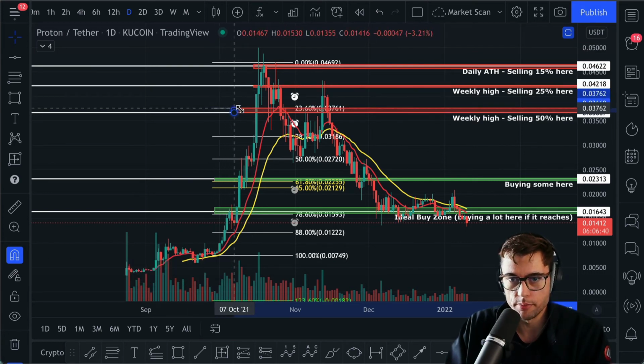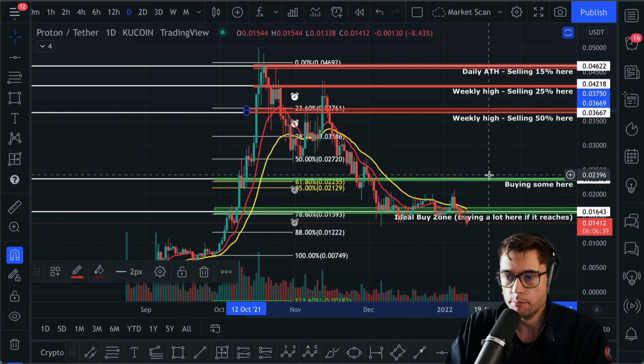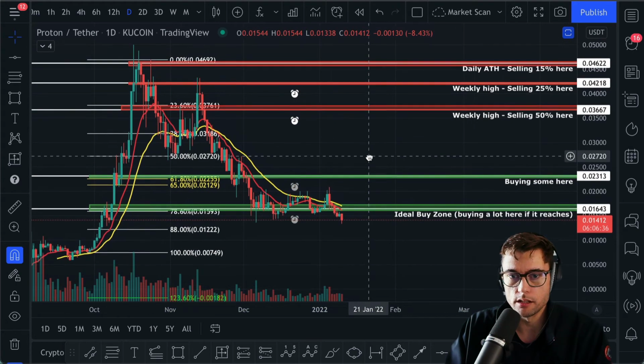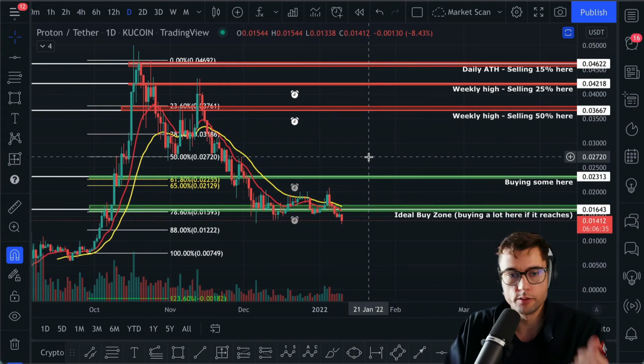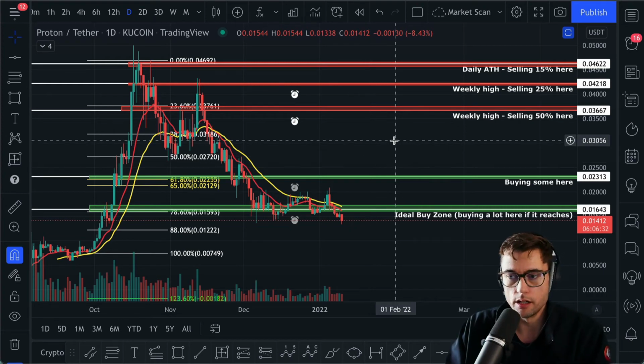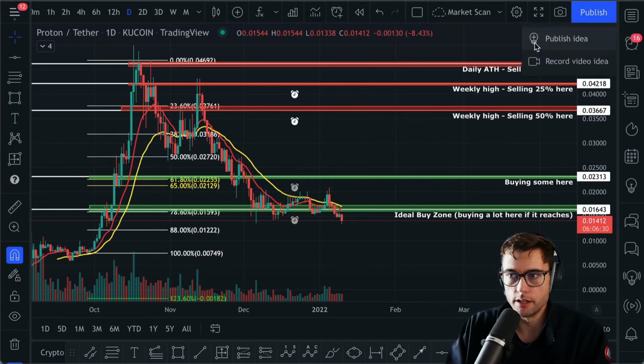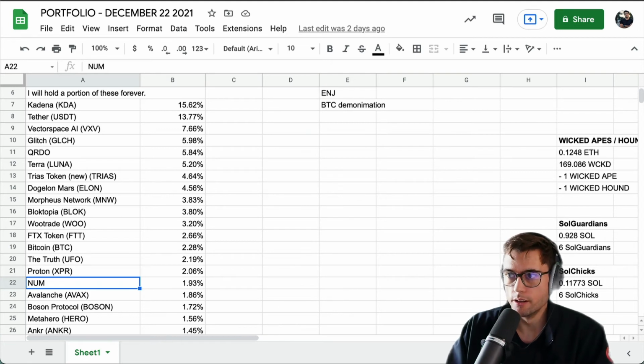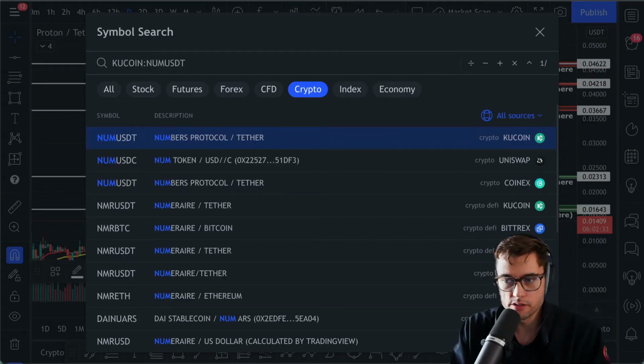At least in my opinion, so I do think it can do very well. But that's going to be my longer term targets for Proton, and this is my game plan for Proton. All right, so now that we got Proton done, we're on to Num or Noom. This is the Numbers Protocol.